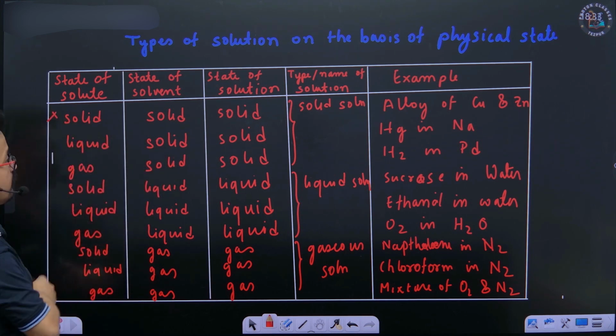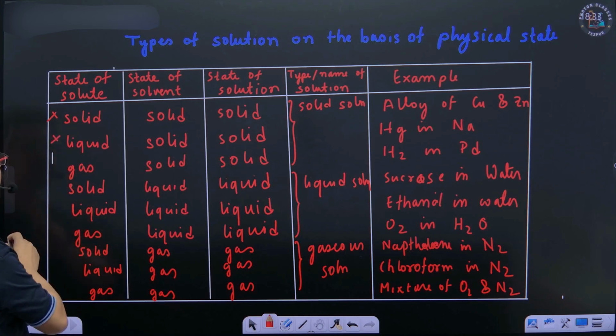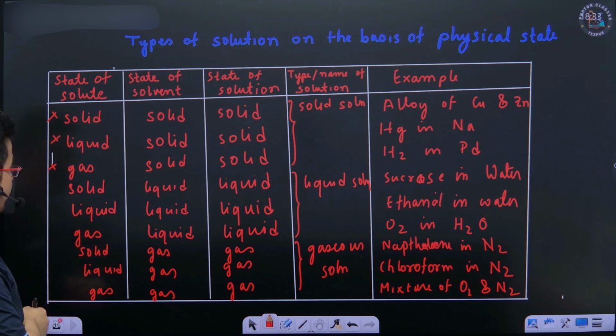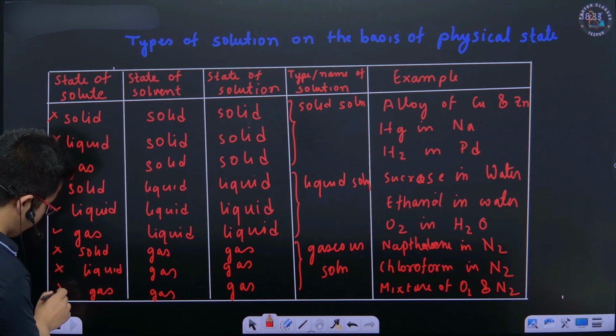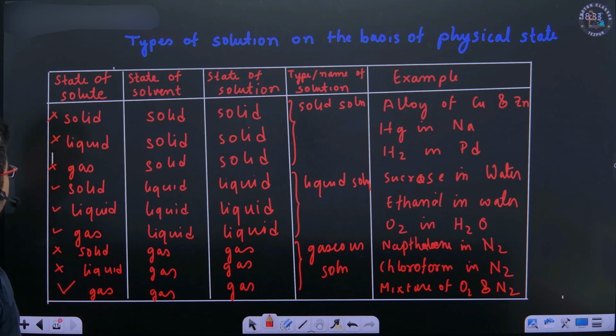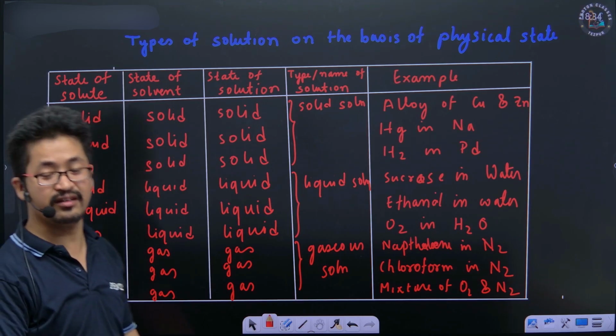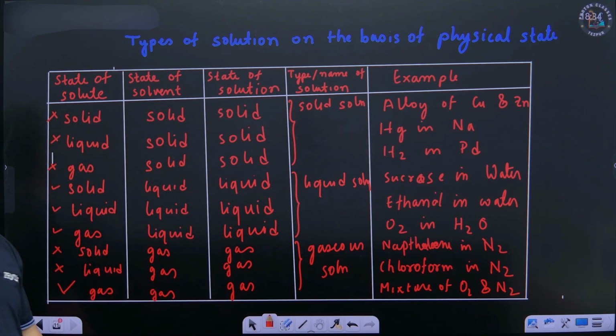We will be discussing this type of solution, and this, and this one also. So out of the 9 different types of solution, our main focus will be on only these 4 types that I have marked here. Is that clear? I think it is clear to everyone.